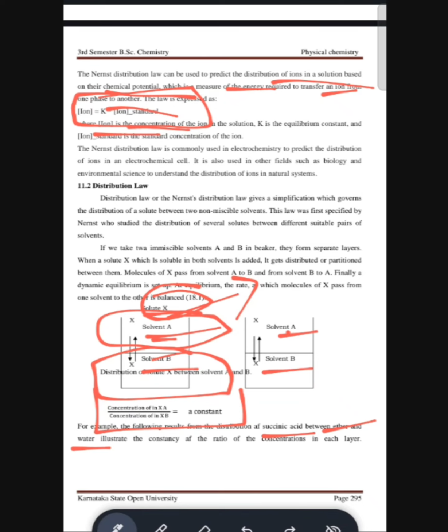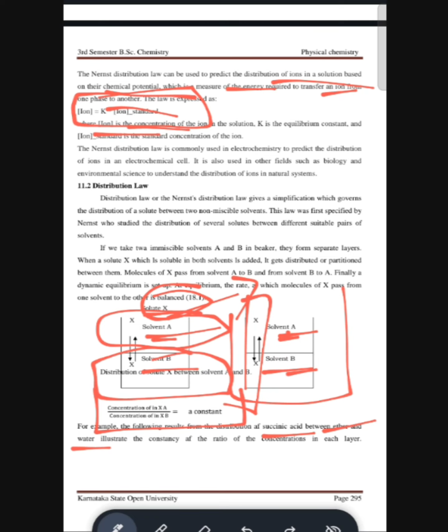So whatever the soluble concentration is, with respect to solvent A ether and solvent B water, we can see the changes, and on attaining the equilibrium state we are going to determine the concentration in solvent A and solvent B. It may vary because of adding X moles of succinic acid.